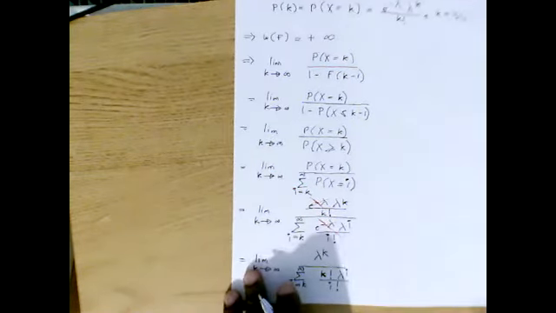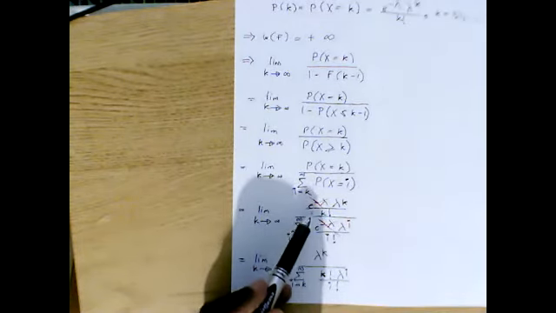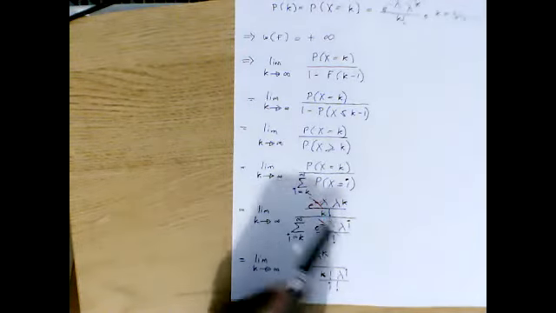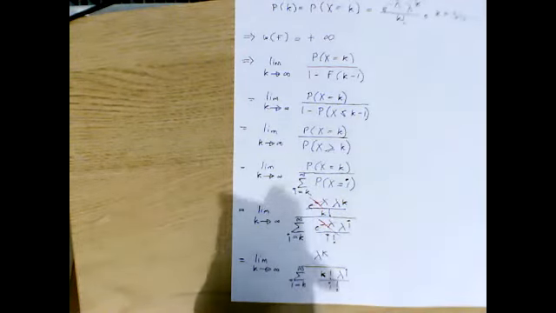You see what I've done. These are two constants, so you can cancel them out. All right. So this reduces to this, right?